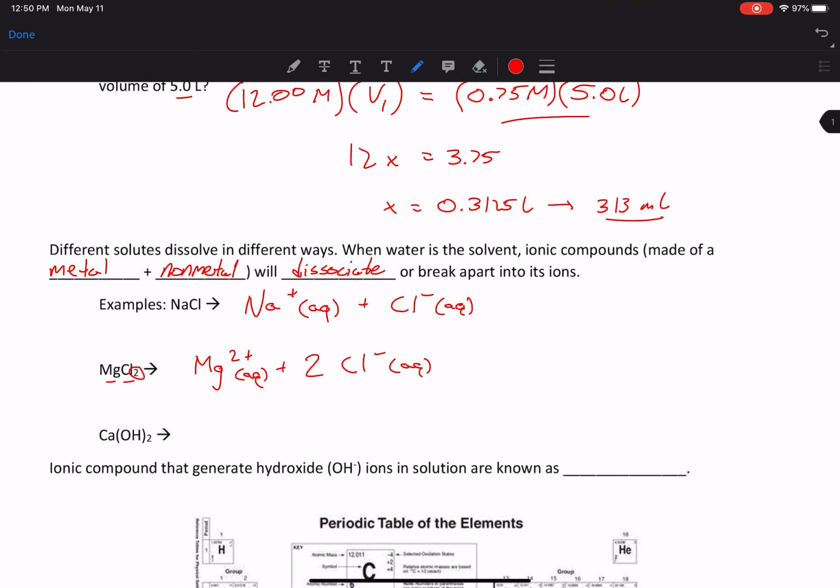So, calcium gives away 2 electrons, so it's going to have a +2 charge. It's dissolving in water, so that's aqueous. Plus, we have 2 hydroxide ions. That hydroxide stays together because it's a polyatomic ion, so that stays as OH-. There's also 2 of them in this formula, so we just put a 2 out front, and that's going to be aqueous.